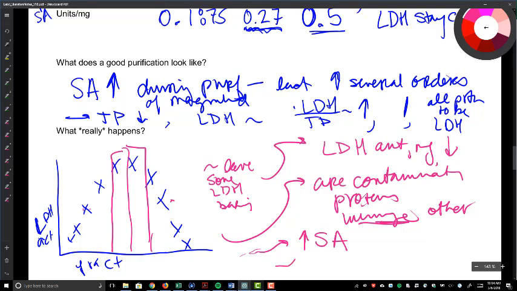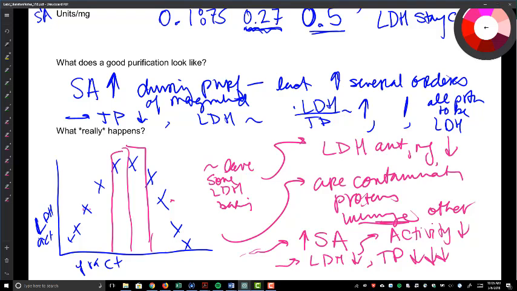However, the amount of LDH is going to go down throughout the purification, and there's a good chance that your total protein is going to go down a lot too. And also, with the LDH going down, you're going to see that manifested, and the total activity is going to go down. You would ideally want this activity value to stay constant, so you're having the same amount of LDH in every single sample.